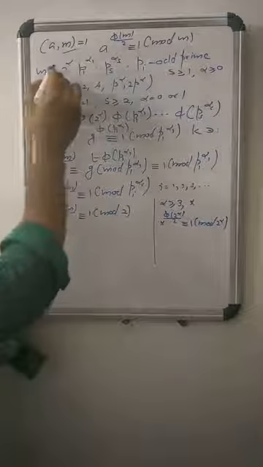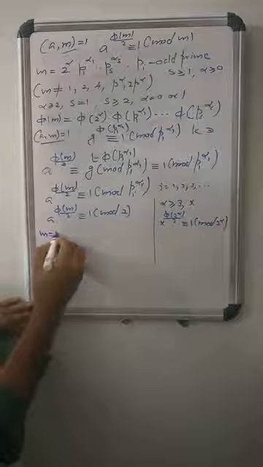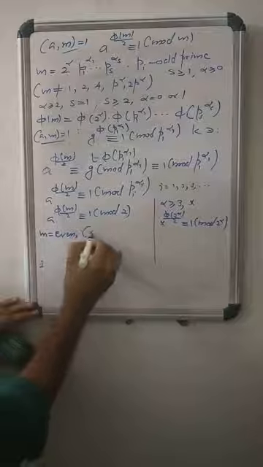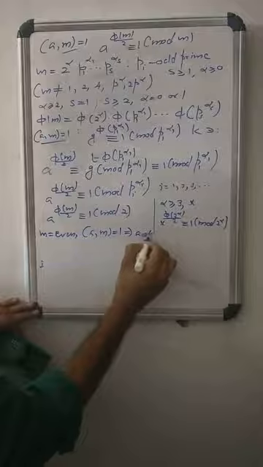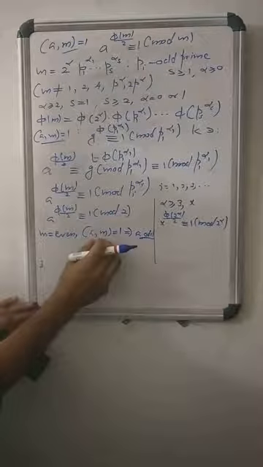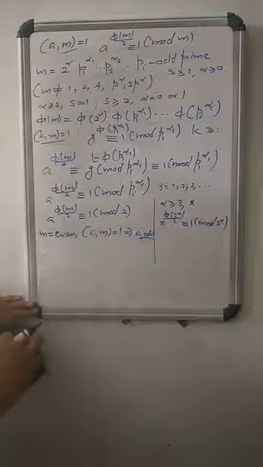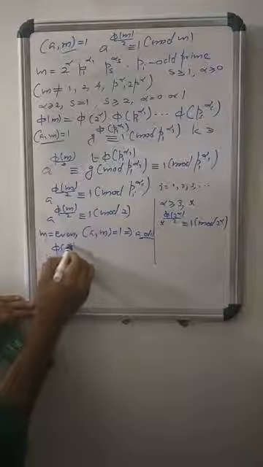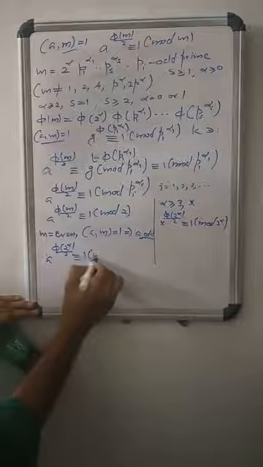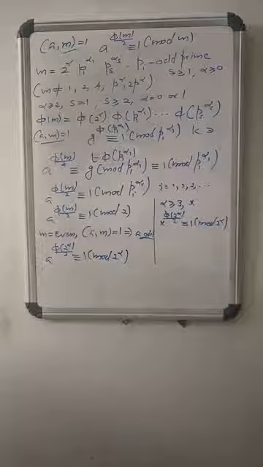So here, what is m? It is given m equals 2 power alpha times the other prime powers, which is always an even quantity. So m is even, and a and m are relatively prime, which implies a is odd. Since a is an odd integer, according to this argument, a power phi of 2 power alpha by 2 is congruent to 1 mod 2 power alpha.